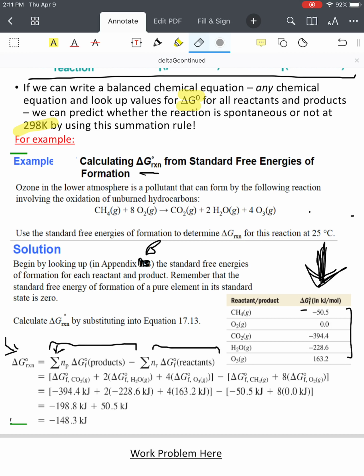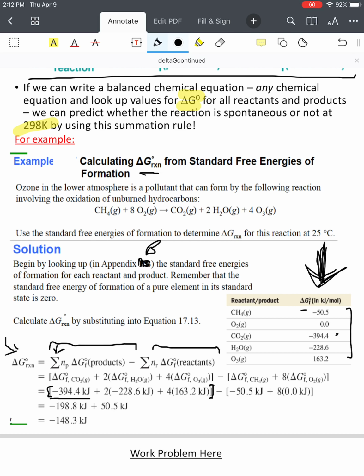All right, now how do we generate a term for a particular product? That's our next step, right? Well, let's look at what's done down here in these enclosed brackets. The first step is to take this number, negative 394.4 kilojoules. Now we're not multiplying that by anything. Why is that? Well, if I look at my data table, that's the number associated with CO2.